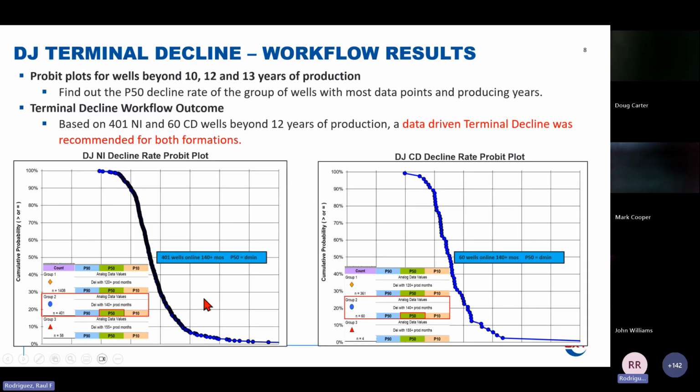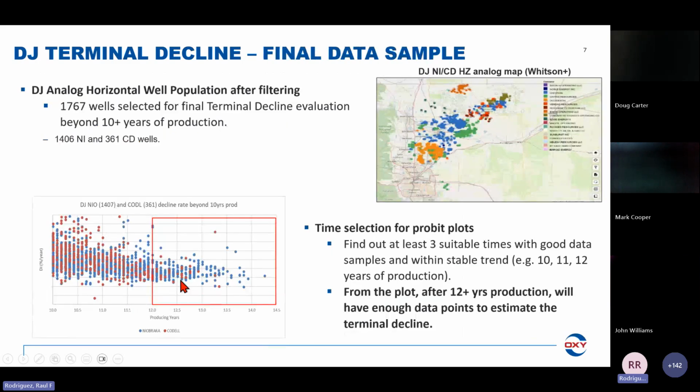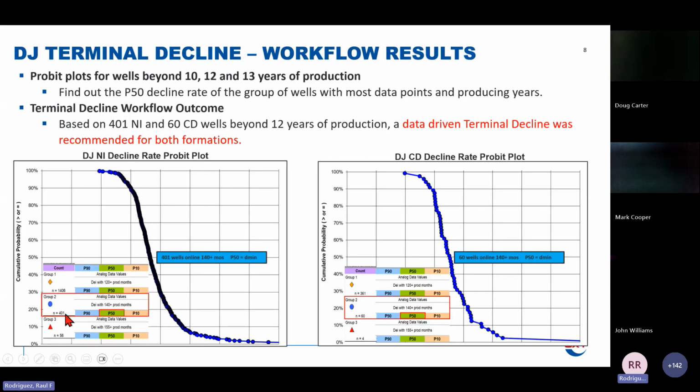You can compare that probit plot, and you lose accuracy when you make the probit plot with 12 years of production and also 14 years of production. But at the end, based on the subset we were talking about, we thought 12 years of production is good enough, with 401 wells. Then we make the probit plot, and that P50 will be our terminal decline assumption.